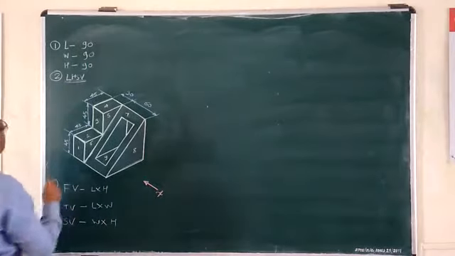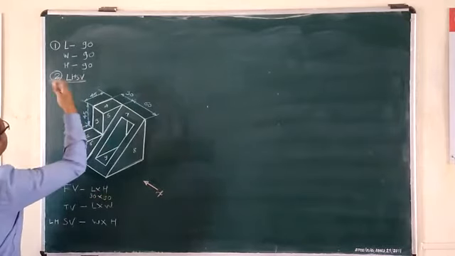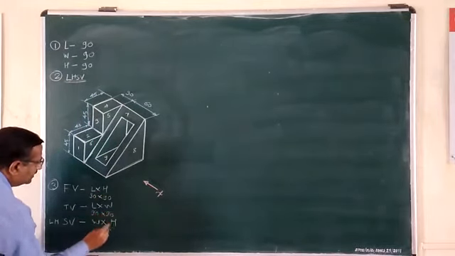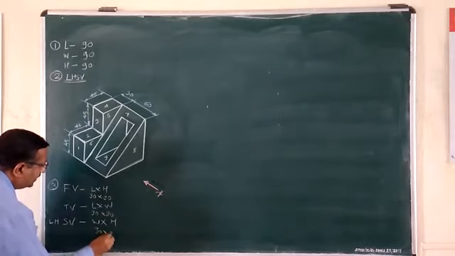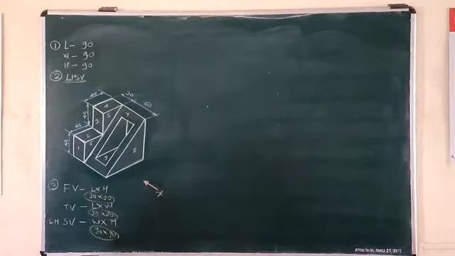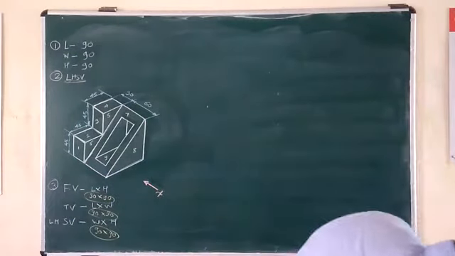We have noted down here: length is 90, height is 90. All figures are set. L, W, H: 90 by 90, similarly here also 90 by 90. So all the three areas will be nothing but squares. So you have to place them correctly.